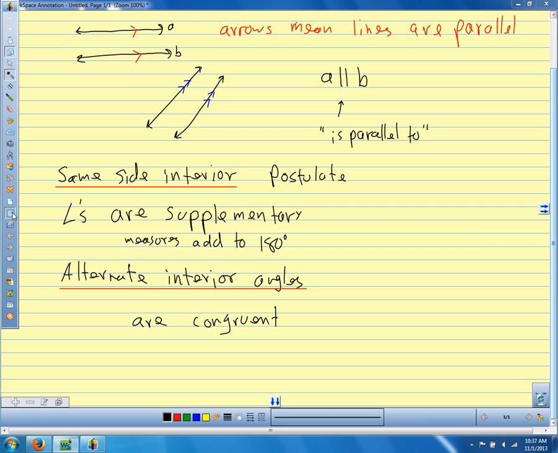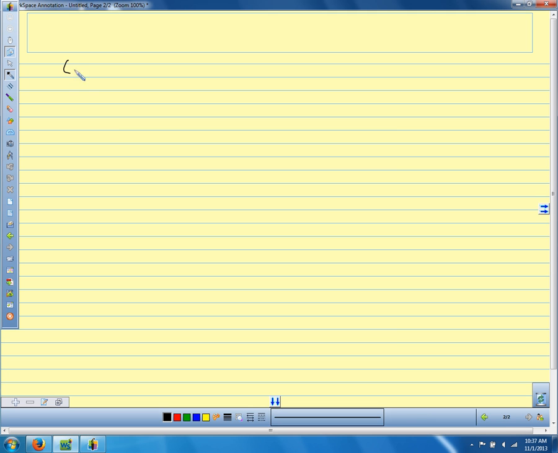Okay, so let's go to the top middle, corresponding angles. We listed our corresponding angles, and the hint that I gave us about corresponding angles is they're the angle pair where one is on the interior and one's on the exterior, and they're both going to be on the same side of the transversal.